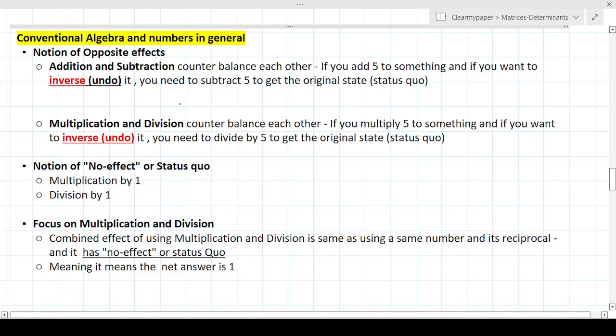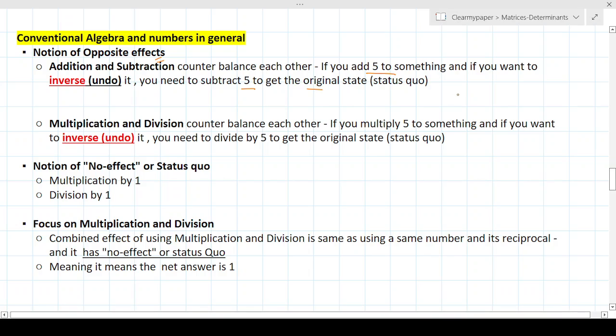Okay, so let's understand in the conventional algebra, what is the notion of having opposite effects? How do you think about algebraic operations, addition, subtraction, and so on, and think about the opposite of that? For example, addition and subtraction have opposite effects on the same operation. If you add 5 to some number, and you want to have an opposite effect where you want to reset it, then you need to subtract 5 from the new number to get back to the original number.